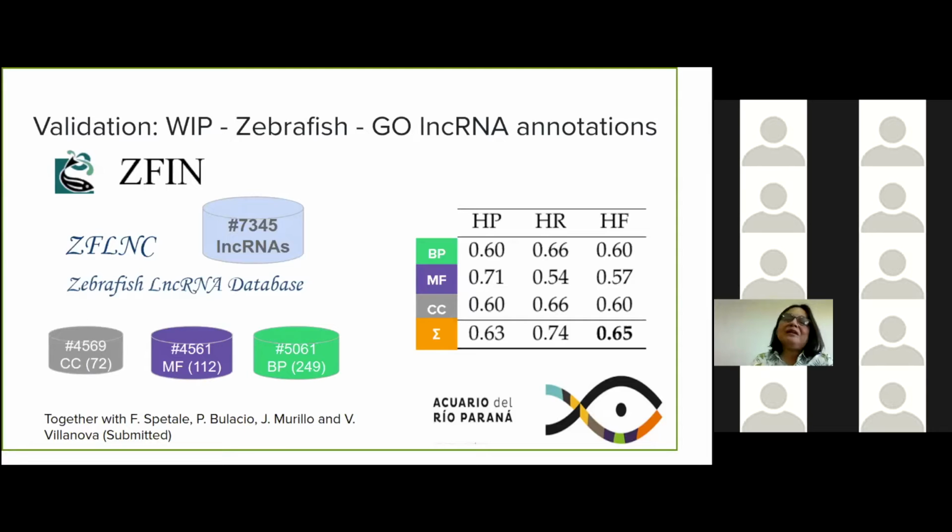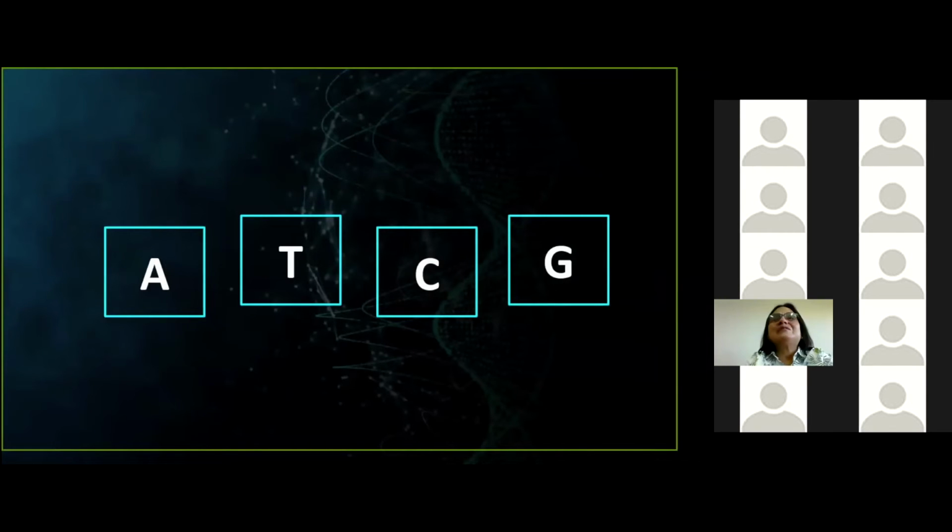This is a work in progress, and I would like to continue with a small story about another part of our lab. And the idea is that these four letters are magic. While we attempted to learn how to perform message passing in these factor graphs, we did it because we were trying to design small oligos which can resist sequencing noise.